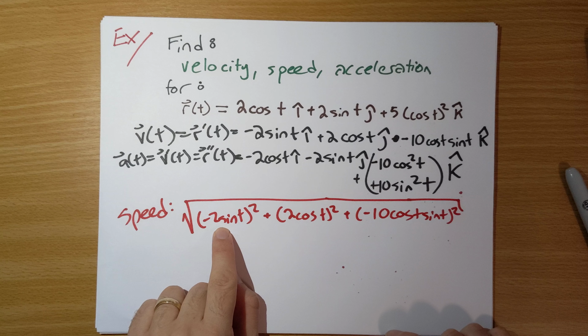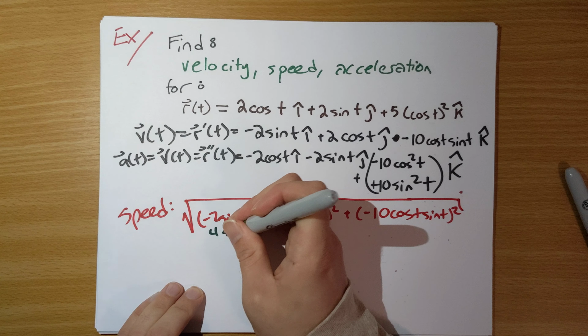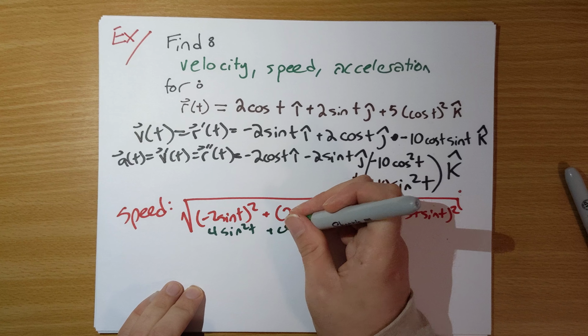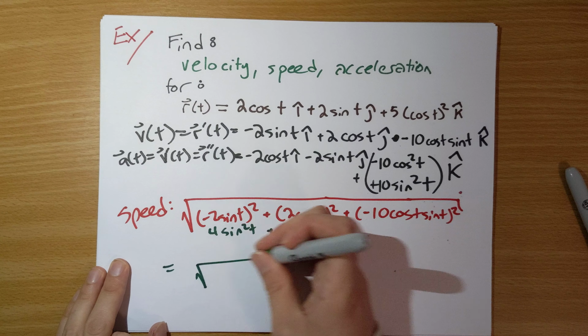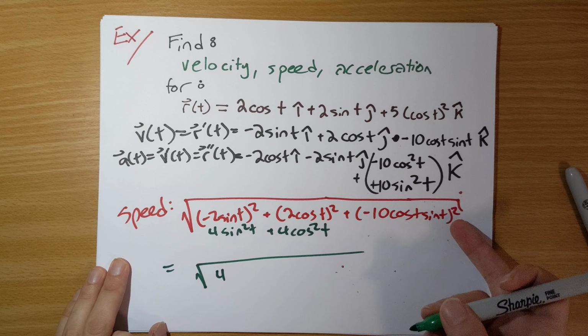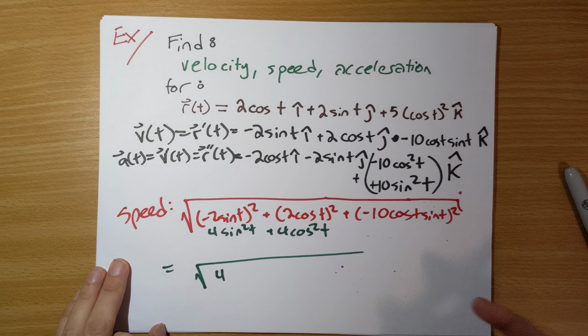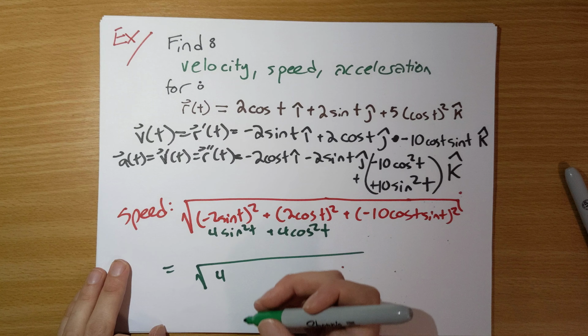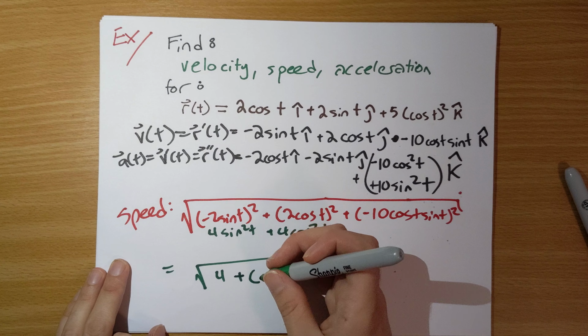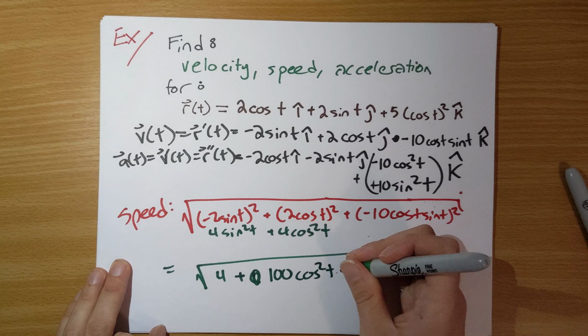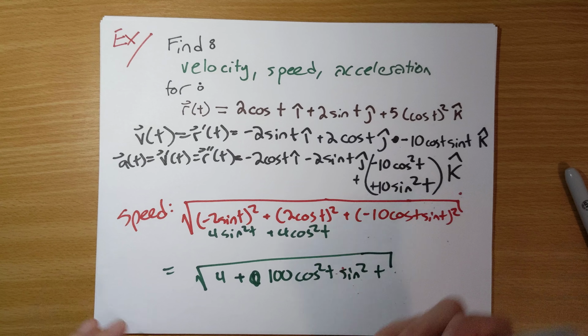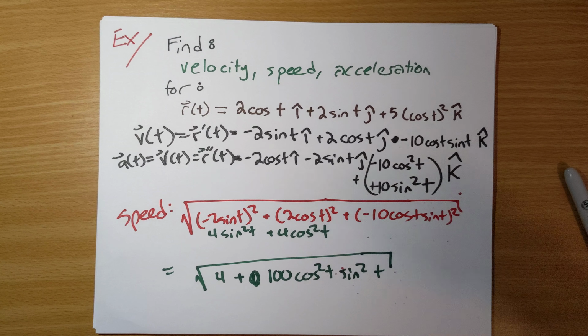So this is 4 sine squared t, this would be 4 cosine squared t, and so we can combine them together to get 4. And then we'll just leave this other thing here by itself, as 4 plus 100 cosine squared t sine squared t. Okay, so that is finding velocity, speed, acceleration for this particular example here.